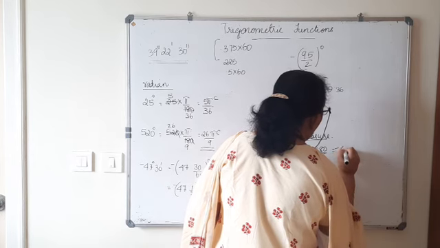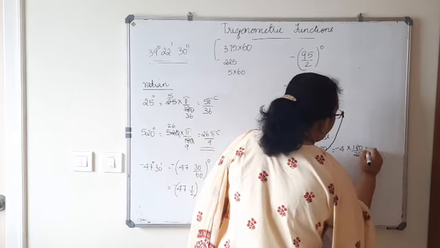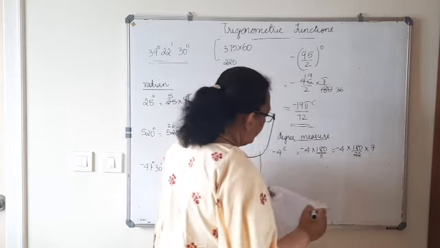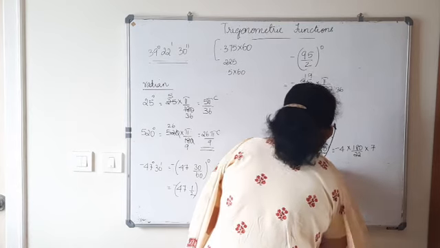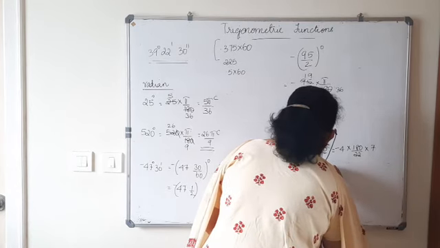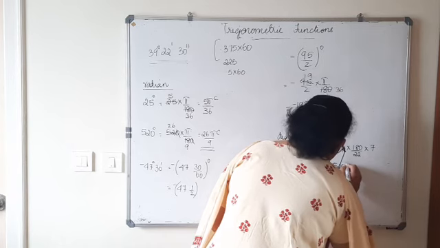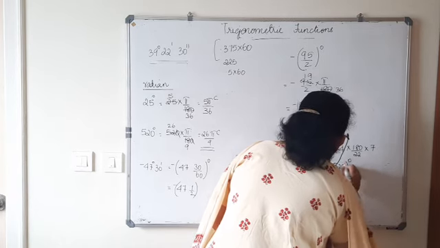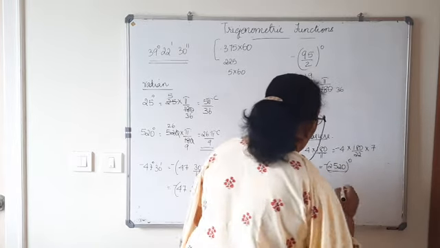That is equal to minus 4 into 180 by 22 by 7. 7 goes to the numerator. When you multiply, you get minus 2520 degrees divided by 11.